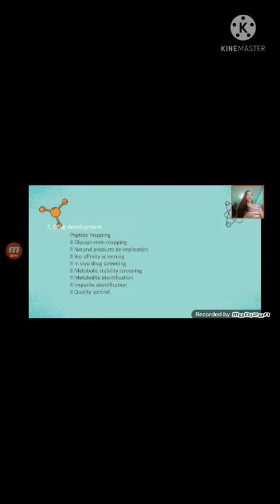Under drug development, it is also used to develop peptide mapping, glycoprotein mapping, natural product replication, bioaffinity screening, in vivo drug screening, metabolic stability screening, metabolite identification, impurity identification, and quality control.